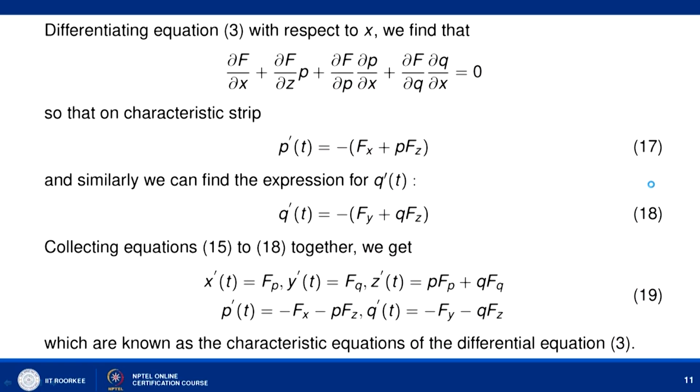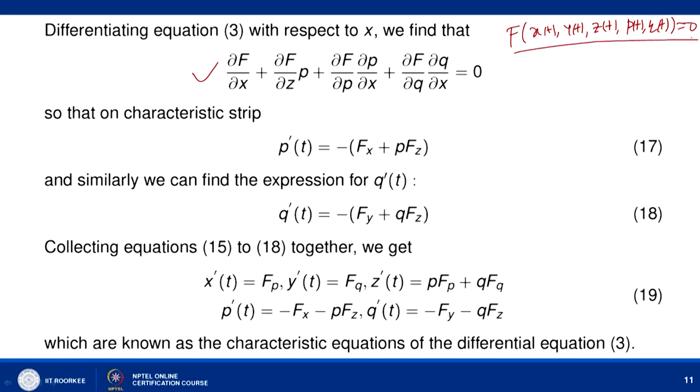So, using this we can differentiate F(x(t), y(t), z(t), p(t), q(t)) equal to 0. If we differentiate this with respect to x, we have the following relation: del f by del x plus del f by del z times p plus del f by del p, del p by del x plus del f by del q, del q by del x equal to 0.